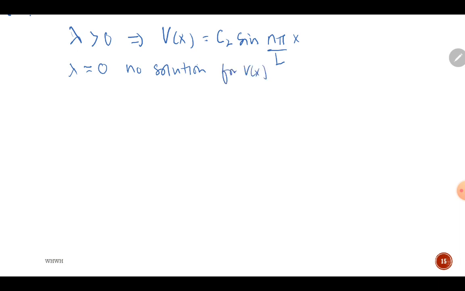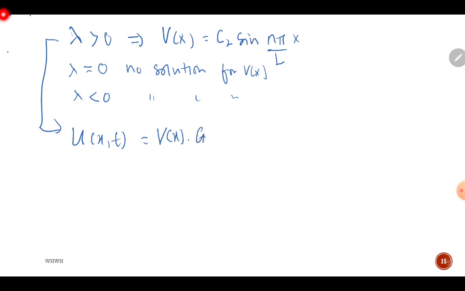It can't satisfy because we get C1 and C2 gone. And lambda less than 0 juga, we have no solution for Vx because we get, as what I have explained to you. So dari sini maknanya kita dapat our solution Uxt is equal to Vx times GT.